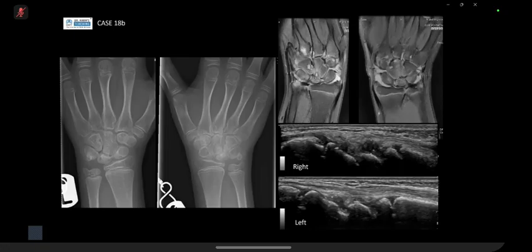And on ultrasound, there is fluid with echogenic material, not clear fluid, with debris. So I'm thinking of a systemic disease, maybe rheumatoid arthritis, since it's affecting the carpal bones.